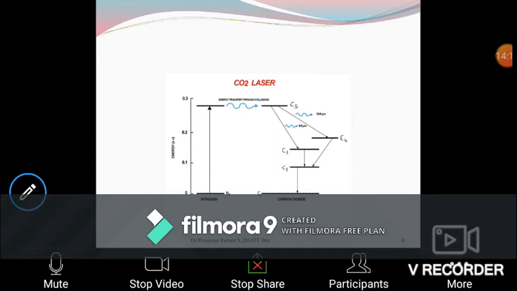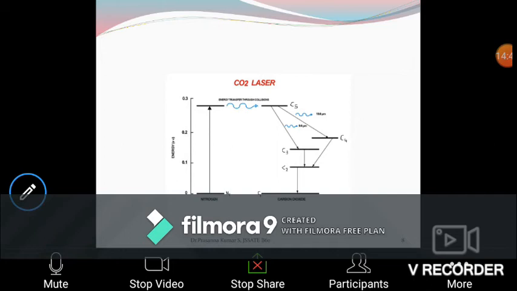In the overall system you have carbon dioxide molecules also. The nitrogen molecules at the N2 level now have high energy, and they collide with the neighboring carbon dioxide molecules. When the nitrogen collides with the carbon dioxide molecules, it transfers its energy.